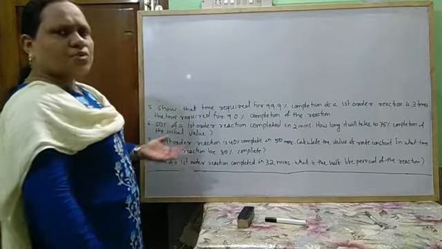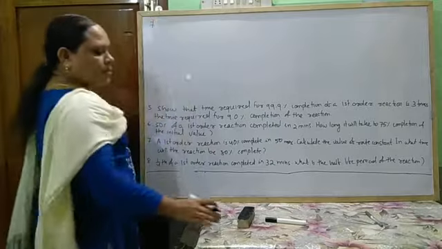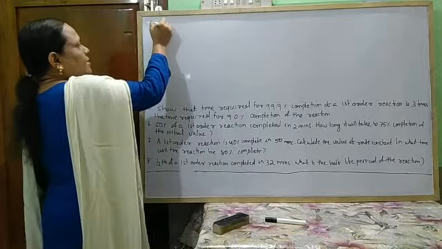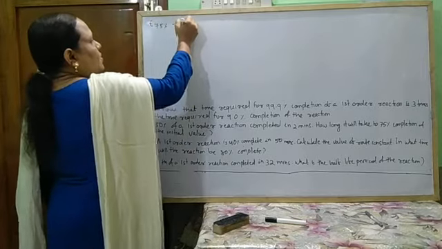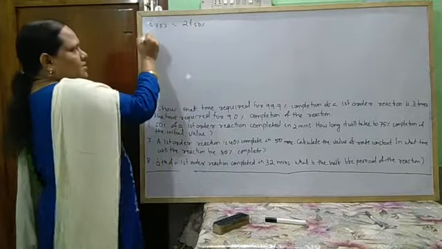There are so many relations given: T 75% equals 2 T half, T 75% equals 2 T 50%. So there are so many relations.